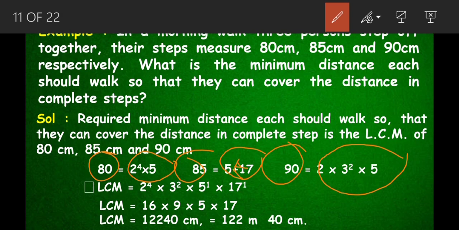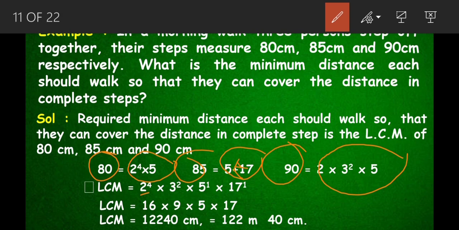For finding LCM, what we have to do? The prime number with the greater exponent, that we have to take. The prime number 2 occurs with the greatest exponent 2 power 4.